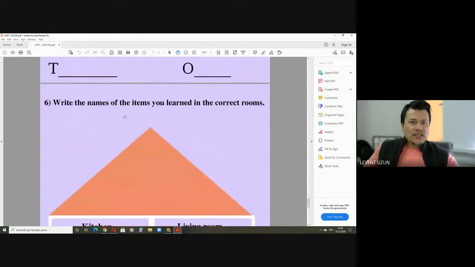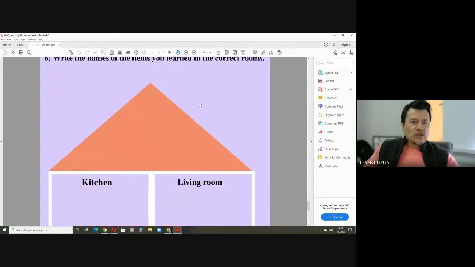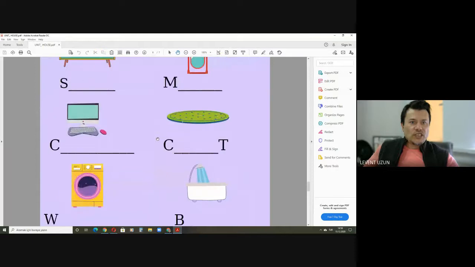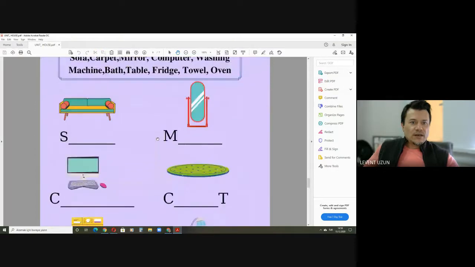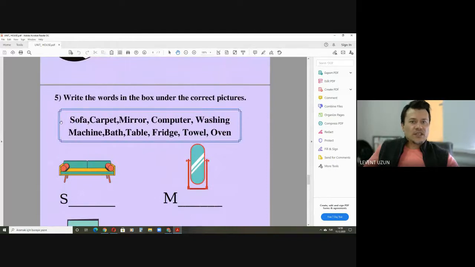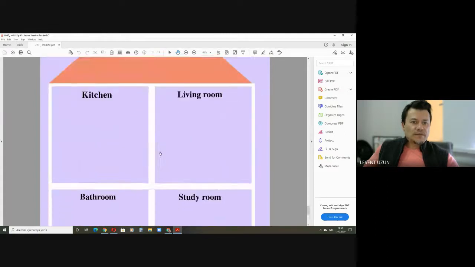And write the names of the items you learned in the correct rooms. So you need to ask them to go back and check this, right? Yes. Well, maybe then you can include this box of words here.